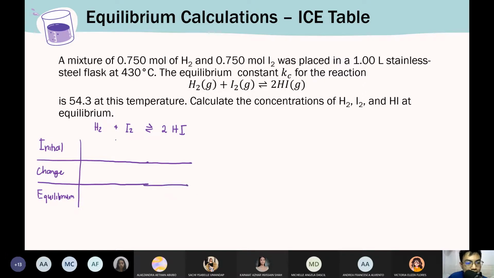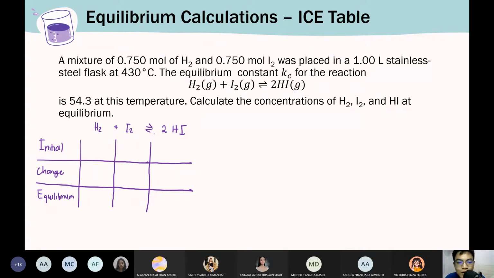Sagutan nyo muna. At ako ay kukuha lang ng water. Just write whatever you think should be in the ICE table. And then, let's validate if tama yon later. And again, do not forget what I said. Kung nasan yung 0, dun papunta yung reaction.